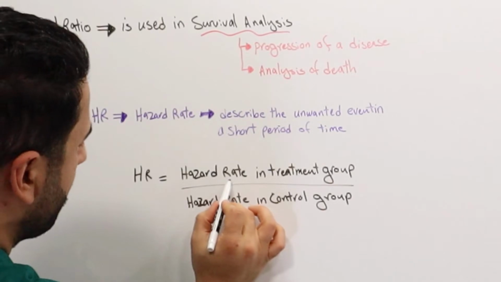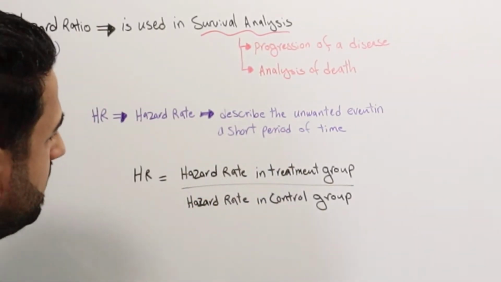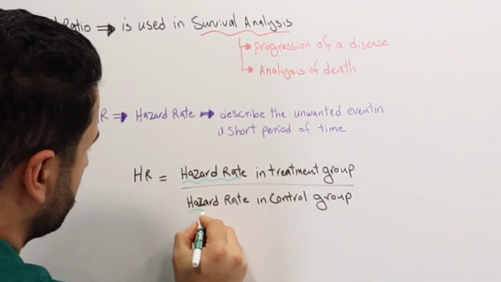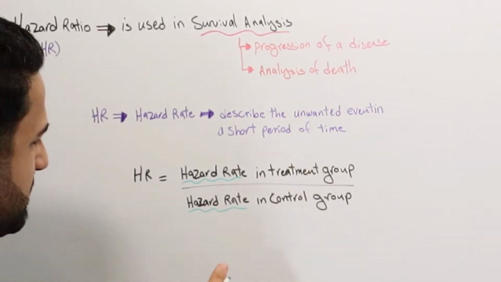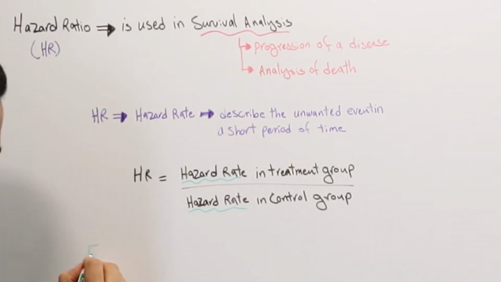So to calculate the rate, what do we need to do from here? To calculate the rate for the treatment and the control group, let's take a quick example to better understand.